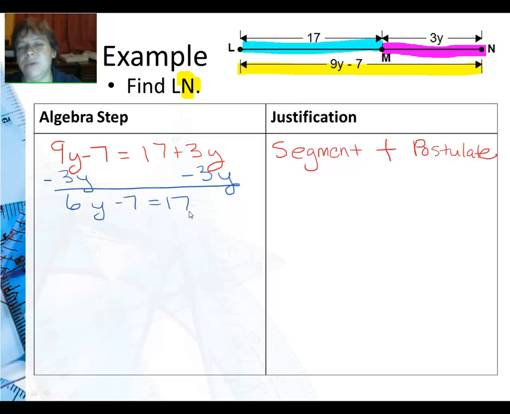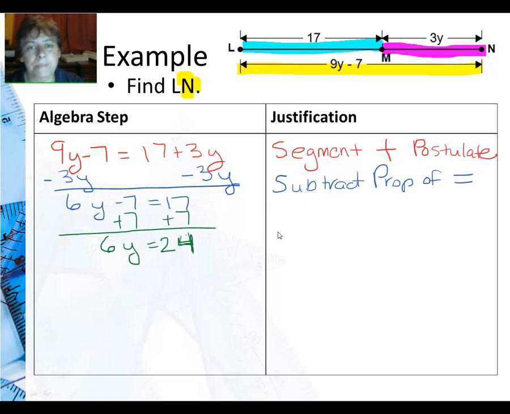Why am I able to do that? Well, I'm allowed to subtract the same thing from both sides of an equation. That's called the subtraction property of equality. Then I want to get rid of this minus 7, and the way I undo that is by adding 7 to both sides. So I'm going to get 6y equals 24 from the addition property of equality.